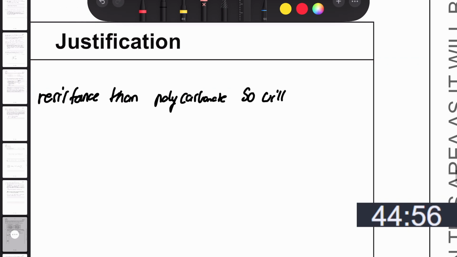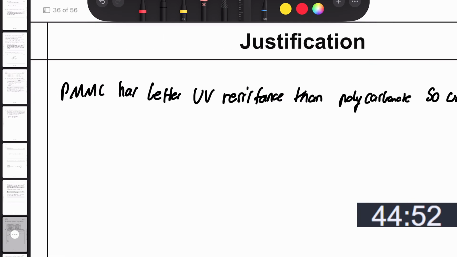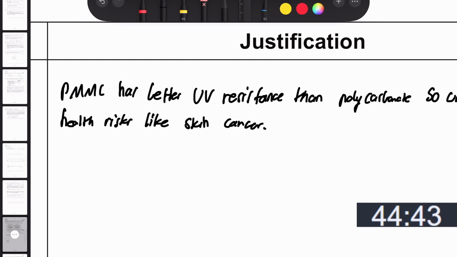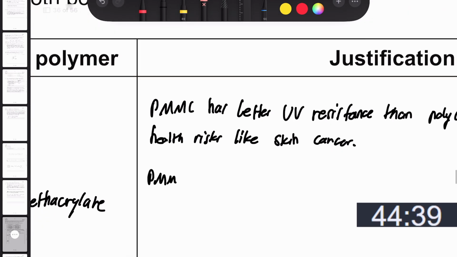So we'll reduce health risks like skin cancer. And what's another one? It's lightweight. PMMA is lightweight.